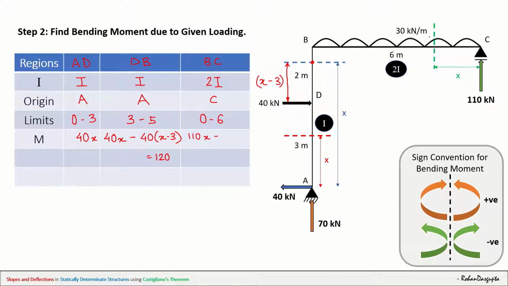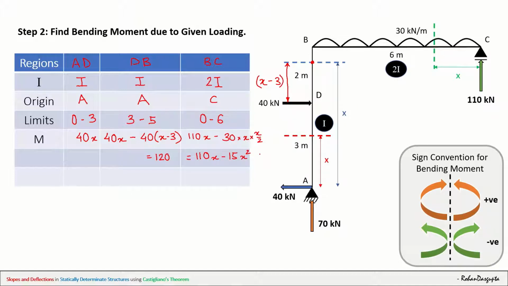Minus, please see, only this part of the UDL has to be considered. So it is minus 30 into x by 2, because the CG will act at x by 2. So if I wish to simplify that, I can write that as 110x minus 15x square.